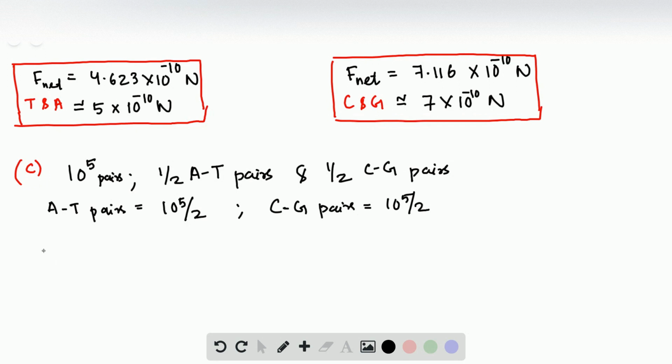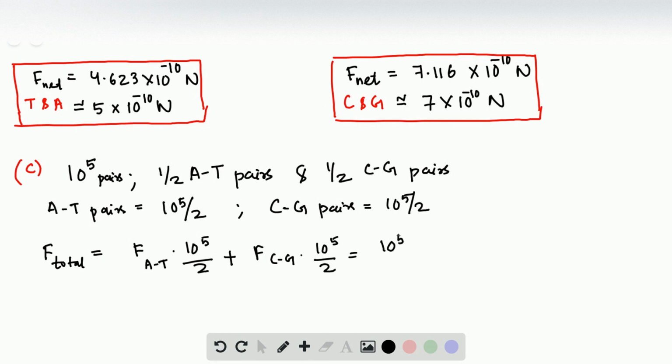So the net force or the total force between all the pairs will be the force of AT pairs, the net force of AT that we calculated here times 10 to the power 5 over 2, plus force of CG times 10 to the power 5 over 2.